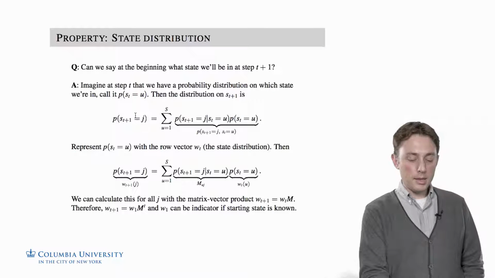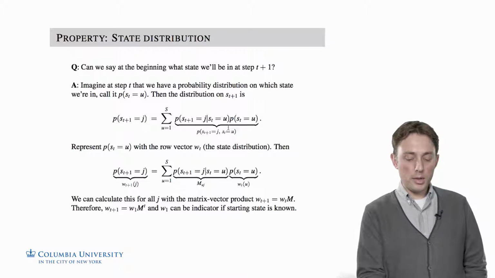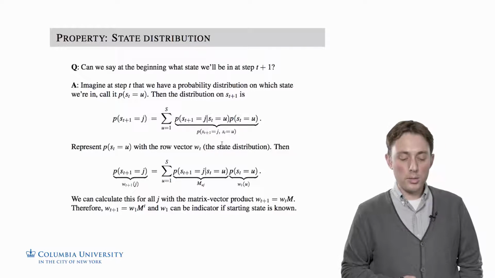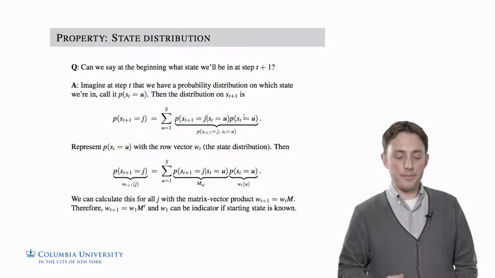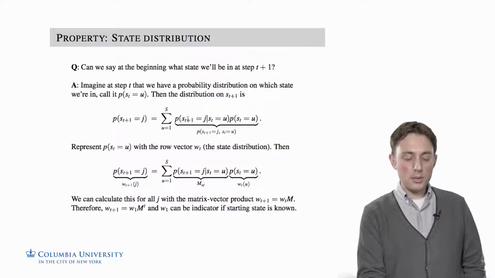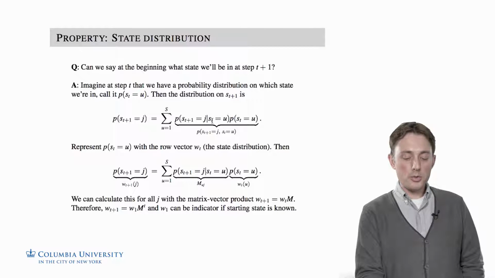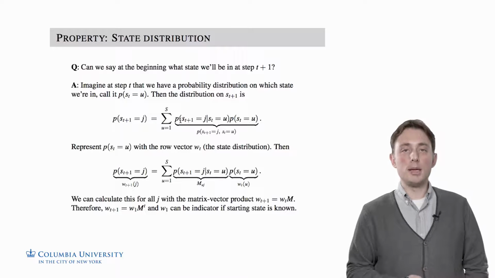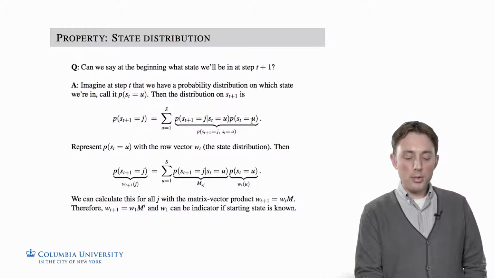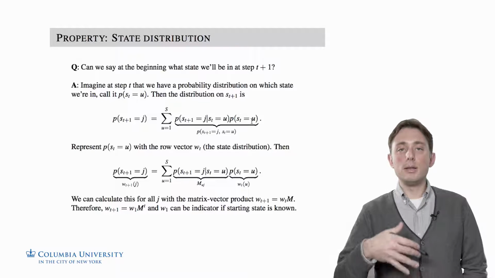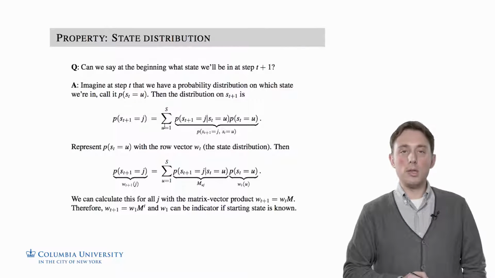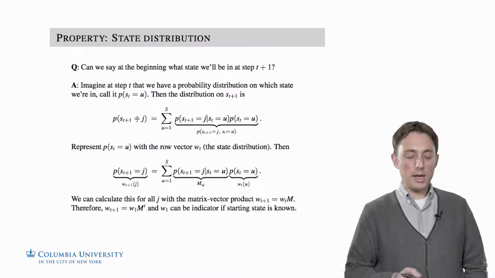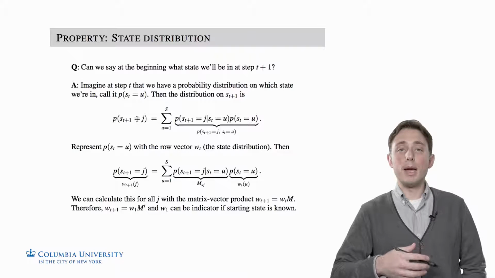I then write this joint as a conditional times a prior: the probability, given that I'm in state u at time t, of transitioning from state u to state j at time t+1, times the prior probability of being in state u at time t to begin with. I multiply these two together, sum over all of the states for time t, and I get my marginal distribution of where I'm at at time t+1.